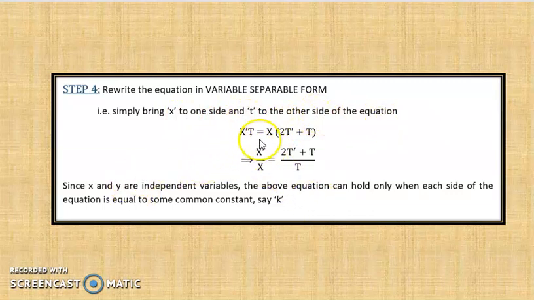That is, X dash T equal to X into 2T dash plus T. Then on separating the variables, we get X dash by X equal to 2T dash plus T the whole divided by T. Since x and t are independent variables, the above equation can hold only when each side of the equation is equal to some common constant, say k. That is, X dash by X equal to 2T dash plus T by T is equal to k.